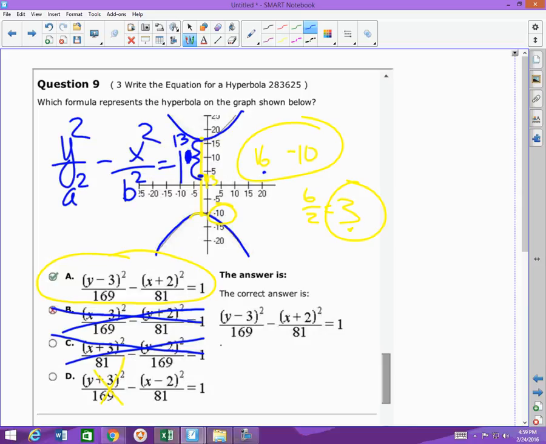Because from 16 to negative 10 is 26 total, so that means it's 13 from there to there, and 13 from there to there. So that tells you the value of a is 13. And since a is 13, when you write it into the equation, it becomes a squared, so it's got to be 169.